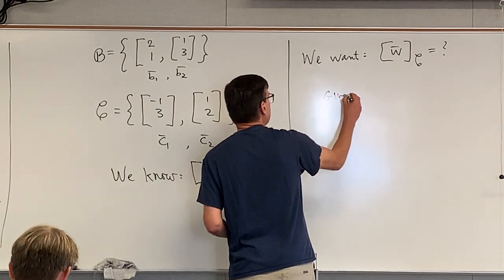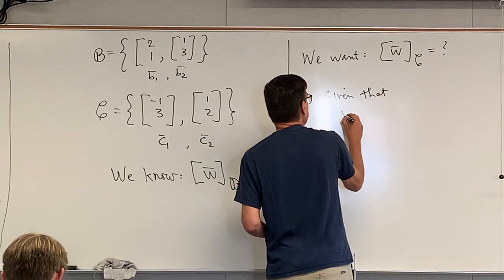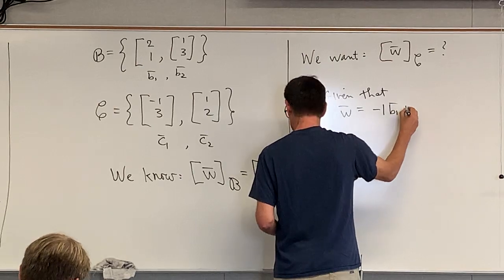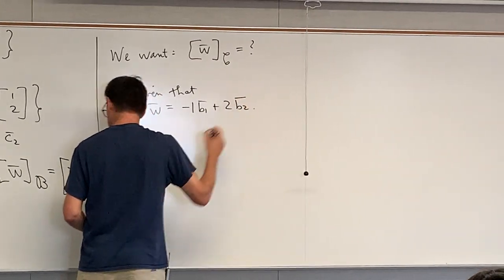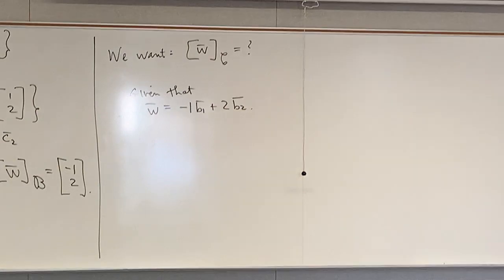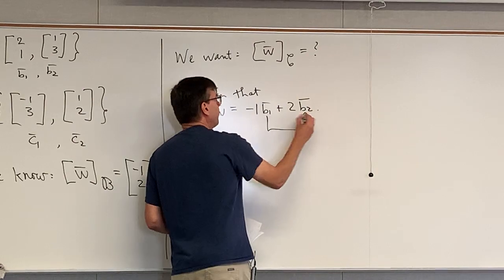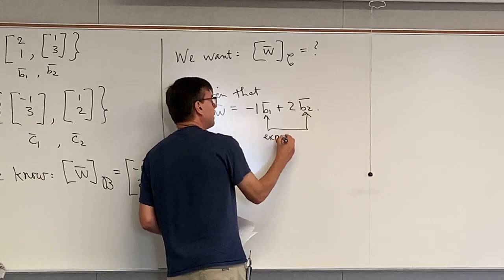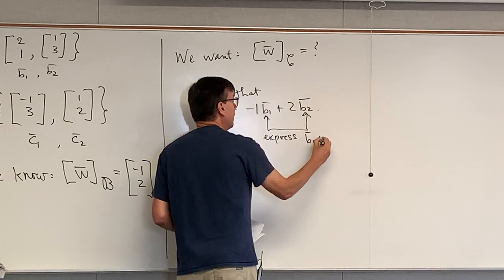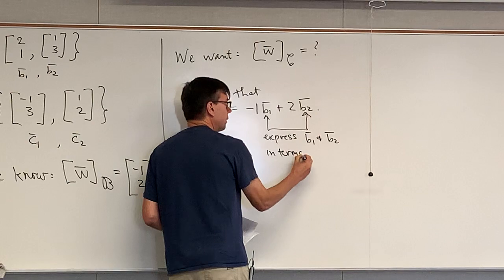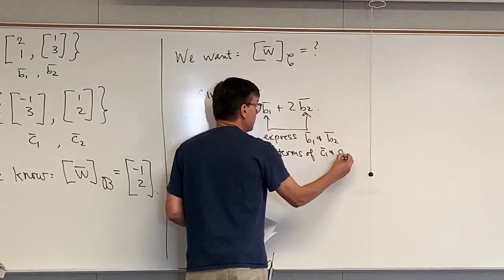It's given that W is -1 B1 plus 2 B2. That's what those B coordinates of W are telling us. We want to express B1 and B2 in terms of C1, C2.